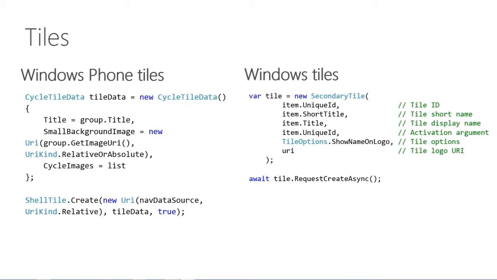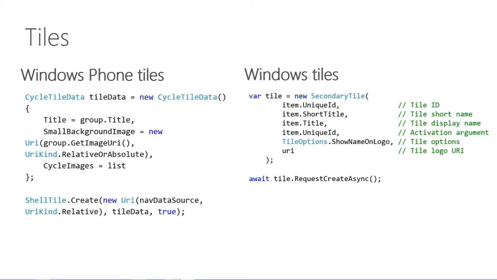You can see here the comparison of a secondary tile creation. Here we're using a CycleTileData, so it's the cycle tile template, and we're giving it a title, the background image using a URI, and a list of images that it can cycle through as part of the cycle images.